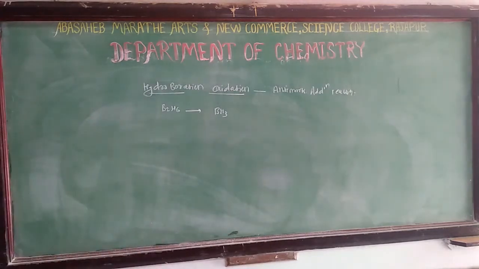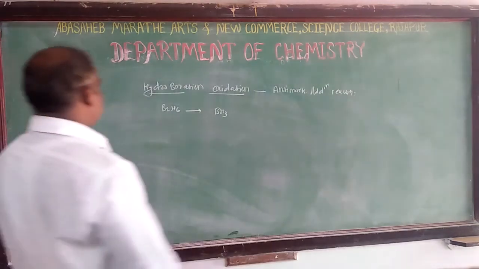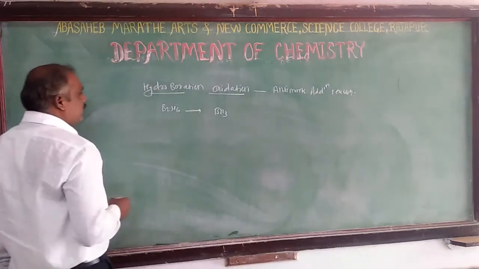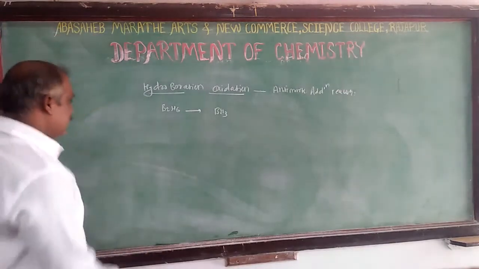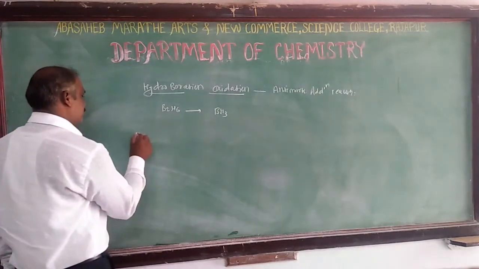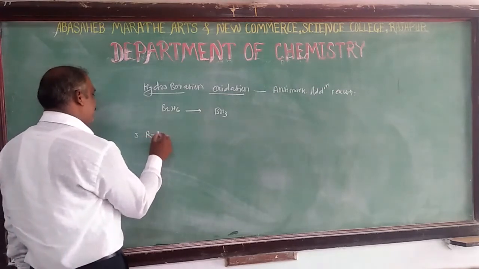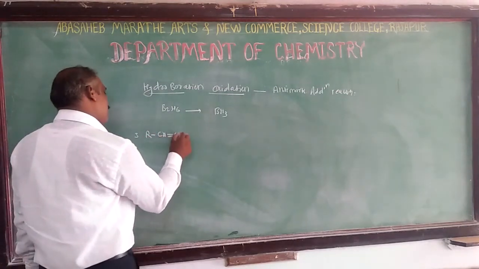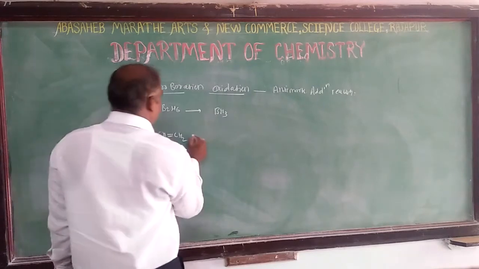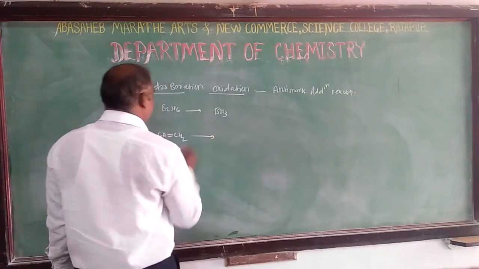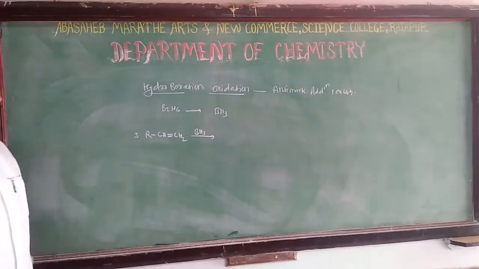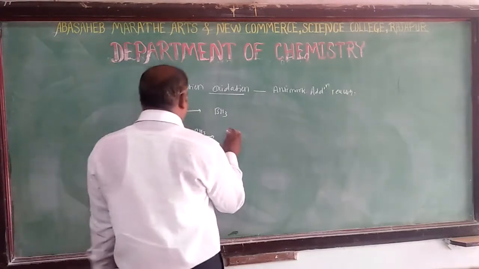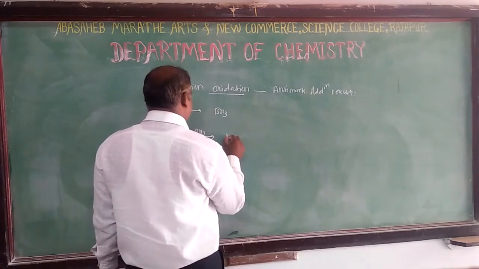We will see this in detail. Firstly, we take the general structure of alkenes, three molecules of alkenes. We add the borane, then to get the product, trialkyl borane.